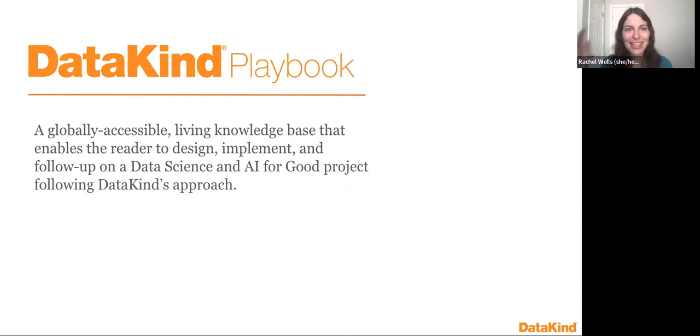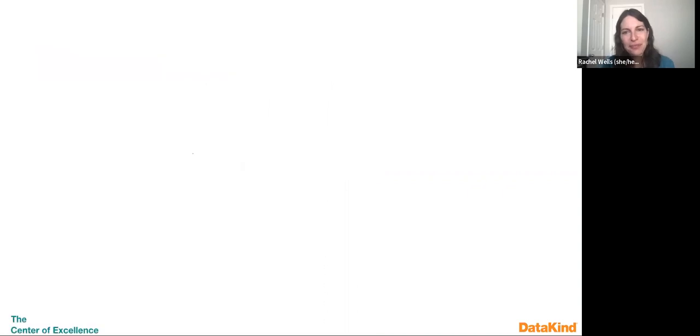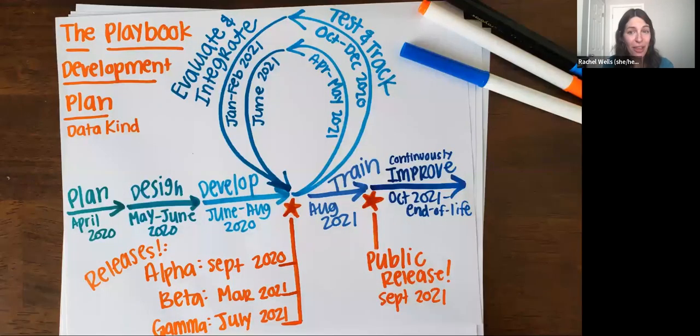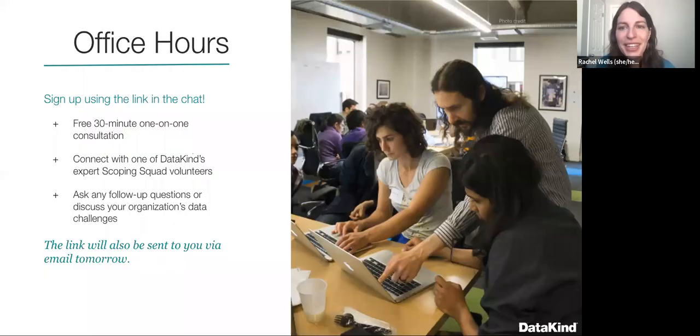So you don't just have these 40 minutes of content to learn from, you can also review the playbook. We've spent over 2 years developing the playbook to capture 10 years of lessons learned and best practices from our experience, and to make it accessible to everyone. So please feel free to explore and share your feedback so that we can continuously improve it and make it more relevant to you.